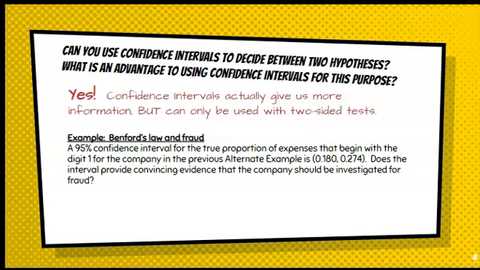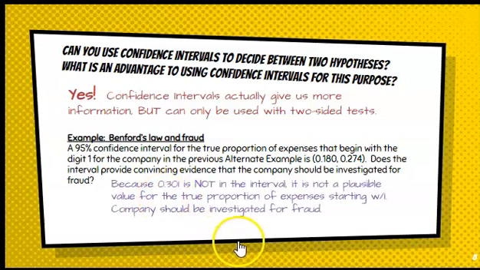So remember, to qualify for investigation, it has to be different than 0.301. That's the value, right? So I look at my interval. Is 0.301 within those values? No, it's not. It's somewhere between these two values, okay? So that is some good evidence that there should be an investigation because 0.301 is not there.